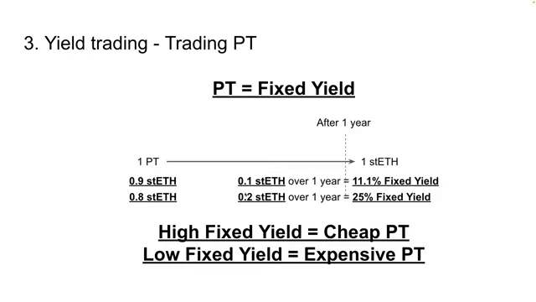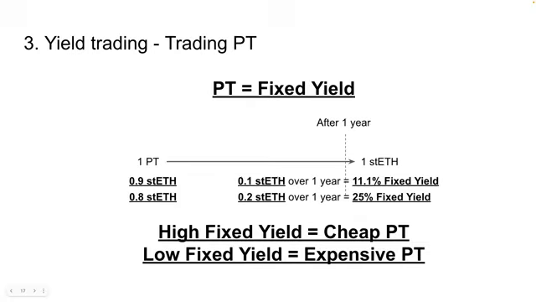This means that you will get 0.2 SDE over the 1 year, and it's equivalent to a fixed yield of 25%, a 0.2 return on a capital of 0.8. So yeah, cheaper PT, 0.8 instead of 0.9, is equivalent to a higher fixed rate of 25% compared to 11.1%. So yeah, cheaper PT is equivalent to higher fixed yield and vice versa.